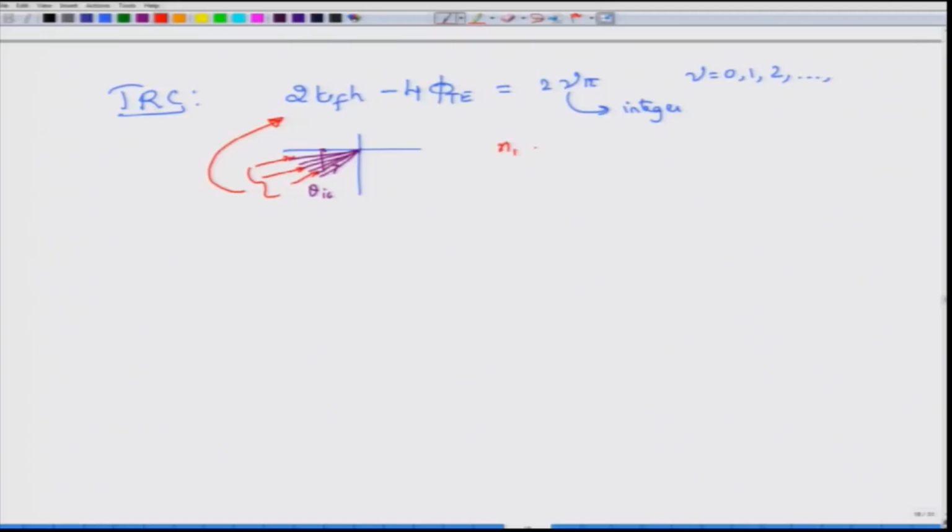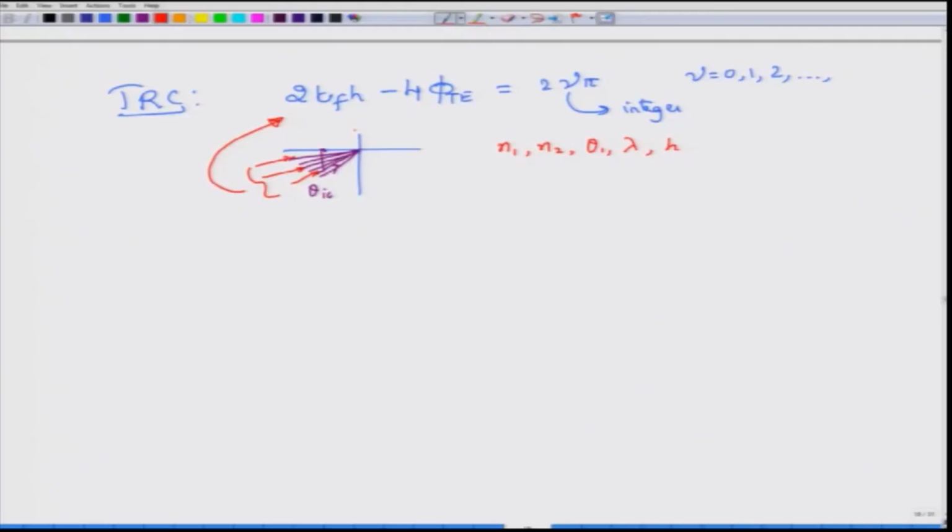This transverse resonance condition relates all these parameters: n1, which is the refractive index of the film, n2, the refractive index surrounding the film, the angle of incidence theta 1, the wavelength of light lambda, and h, because this h is present as part of the TRC. The sign of 2 kappa f h is opposite to 4 phi TE, and this point will be made clearer when we discuss the electromagnetic wave theory of slab waveguides.